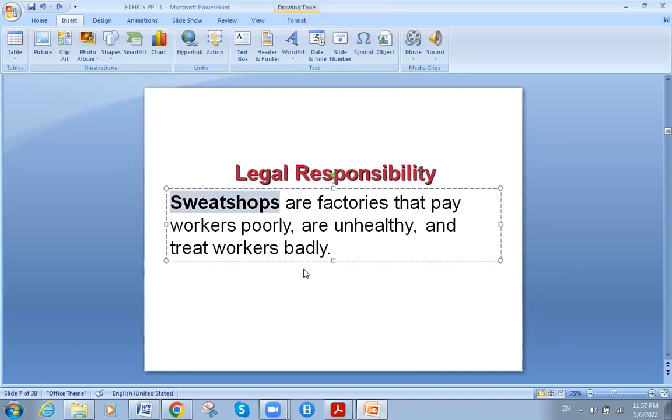We are studying sweatshops to be told not to work this way, not to do as these companies do. Like we said, sweatshops are factories that pay workers poorly, are unhealthy, and treat workers badly. Okay.